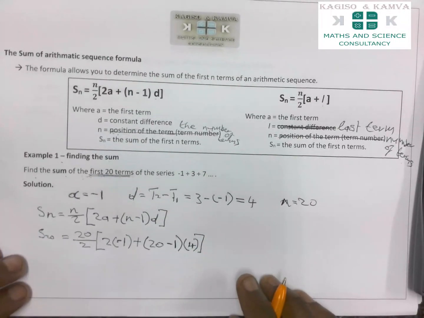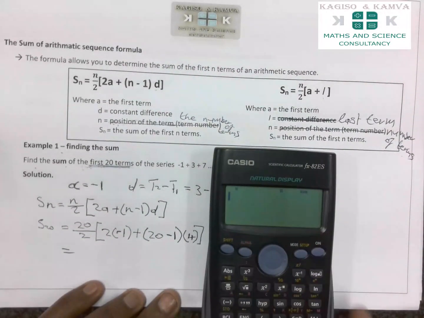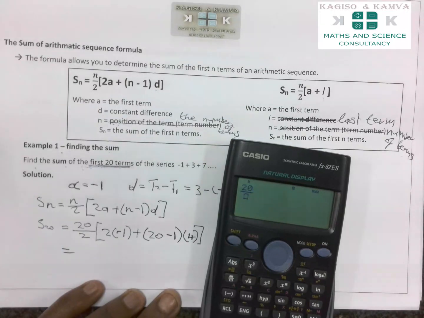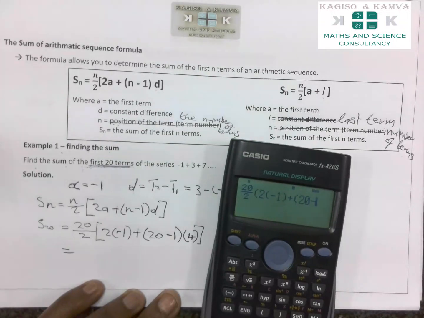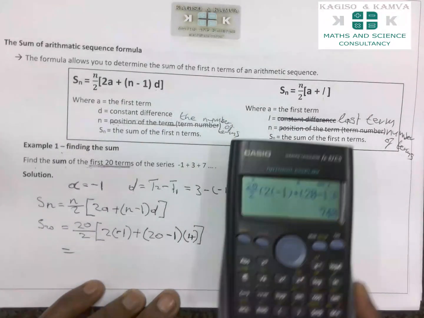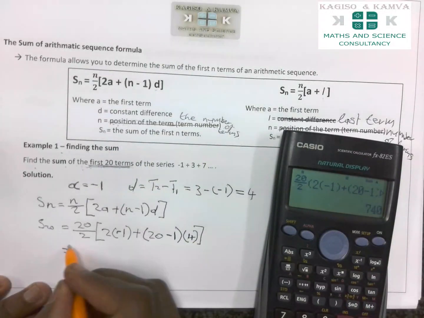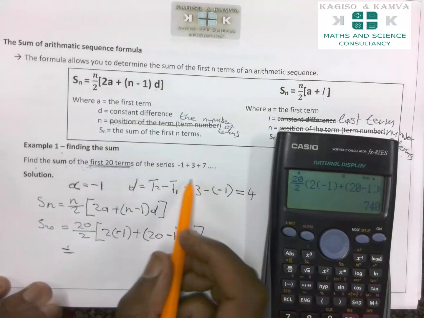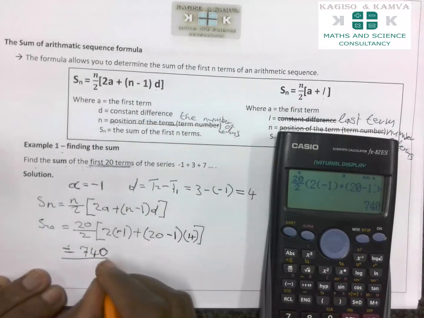We close the bracket, and now we can punch all this in our calculator. That is 20 over 2 into 2 times negative 1 plus 20 minus 1 times 4, close bracket, and I got 740. So the sum of the first 20 terms of this series is equal to 740.